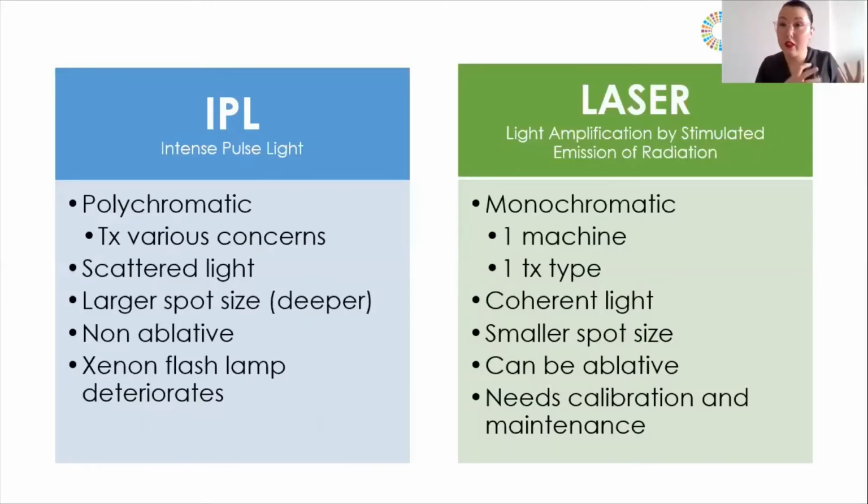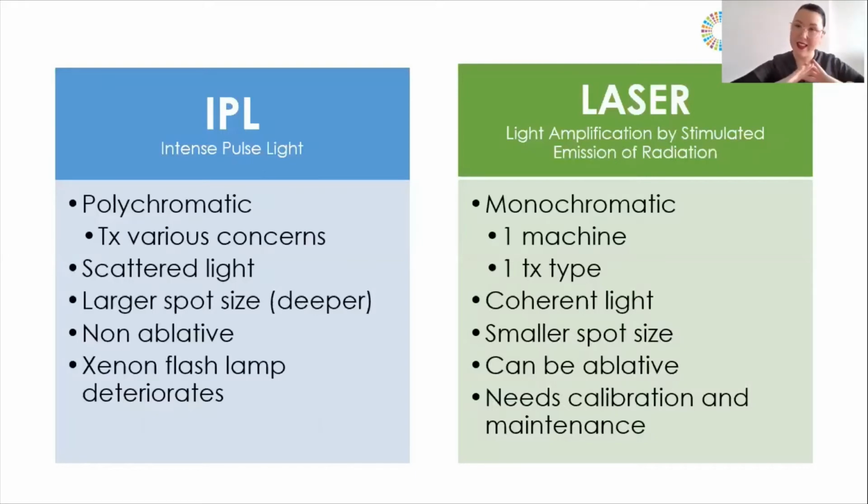There are crystals inside the machine, alexandrite crystals, diode crystals, that dictate the wavelength of that machine, and you can't change them, they're inbuilt. Our filters, however, slot in and out, or if it's a handpiece change, that's very easy to swap out. This means your laser is one treatment generally and one treatment only, or maybe one or two treatments depending on the wavelengths that you have, whereas IPL can treat a multitude of concerns.